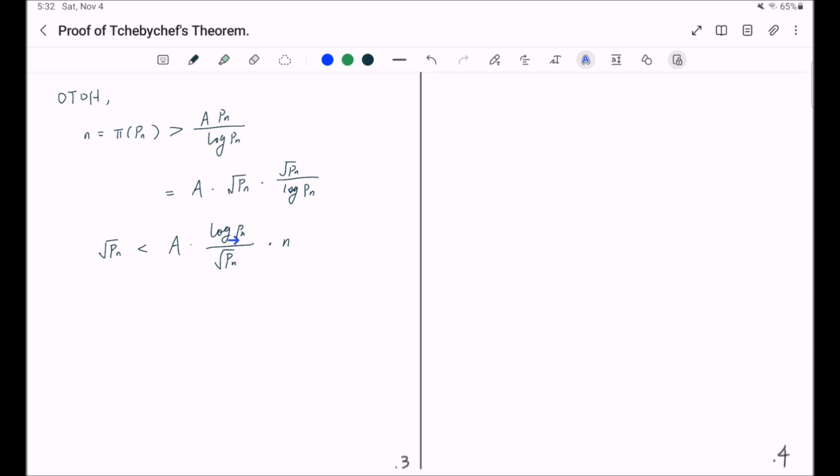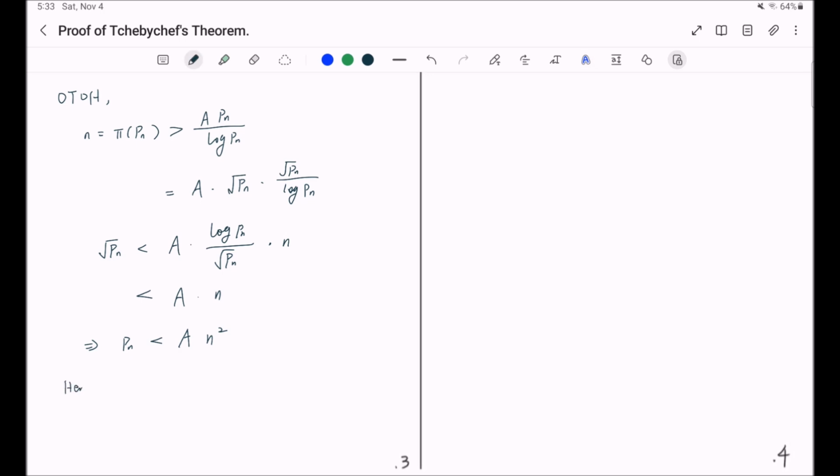But p sub n will go to infinity as n goes to infinity, and log of p sub n will grow slower than square root of p sub n. So together they are less than some constant times n. And this implies that p sub n is bounded above by a times n squared for some unspecified constant a.